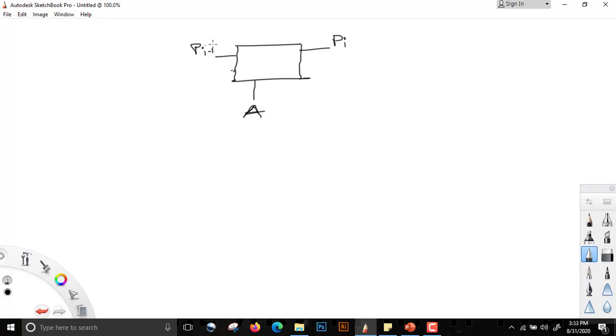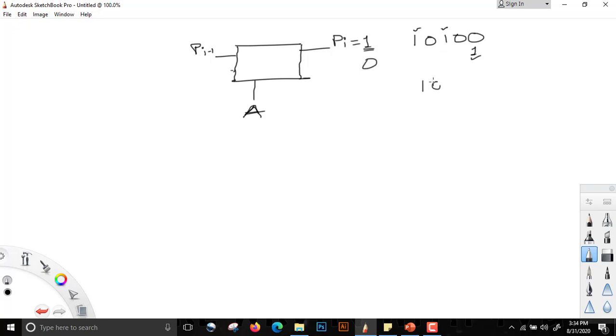Suppose a word contains 1010, which is a binary number. We see there are two ones, so Pi would be equal to 1 because this is even parity. Now if the next bit is 0, it still remains even parity. If the next bit is 1, then there are 3 ones and it becomes odd parity.